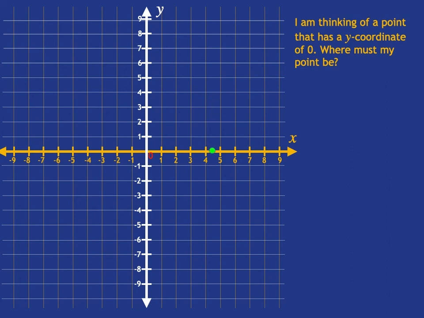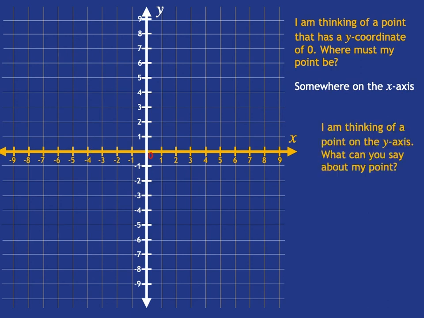You could be somewhere like that, right? At that point, that green dot has not moved up or down. But that is also a place where it hasn't moved up or down. And that's also a place where the y-coordinate is 0. So hopefully you can easily agree that if the y-coordinate is 0, you have to be sitting on the x-axis.